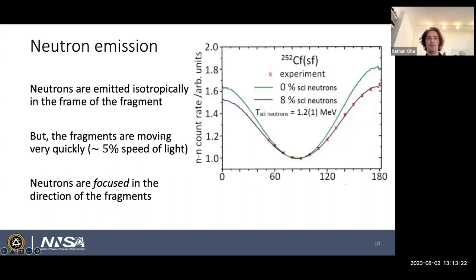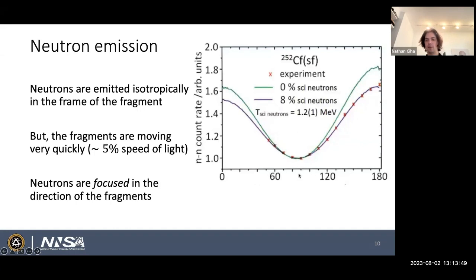However, since the fragments are not at rest, but rather are moving pretty quickly, the neutrons also get that boost from being emitted from a moving fragment. And therefore, they're focused quite a bit into the direction of the fragments. And you can see that in the graph here, which is the degree of anisotropy of fission neutrons.